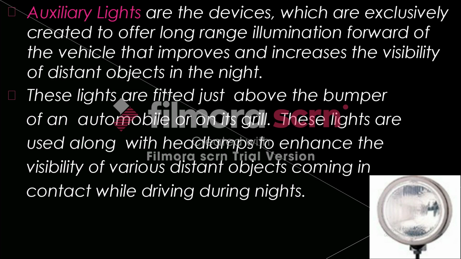These lights are used along with headlamps to enhance the visibility of various distant objects while driving during night. The auxiliary lights can be chosen in a variety. They can have more wattage according to one's requirement. These lights draw their power from the battery and should be fitted with a fuse.